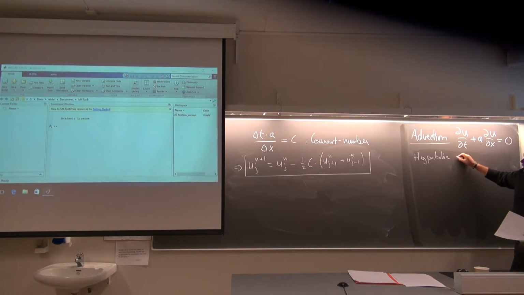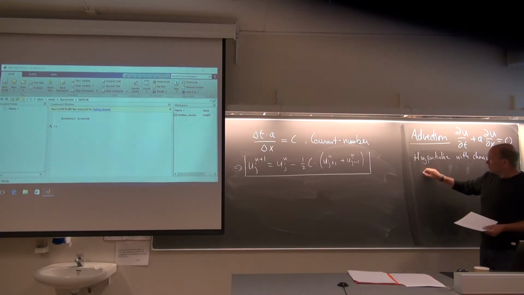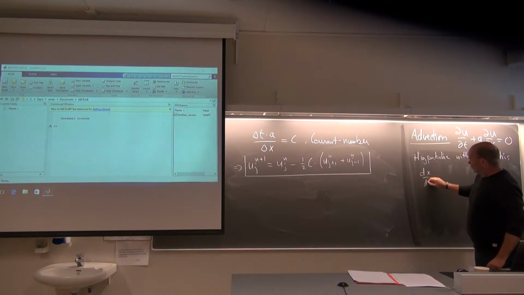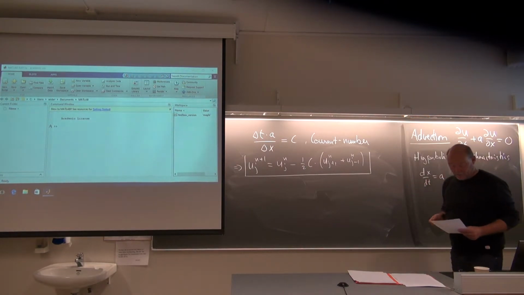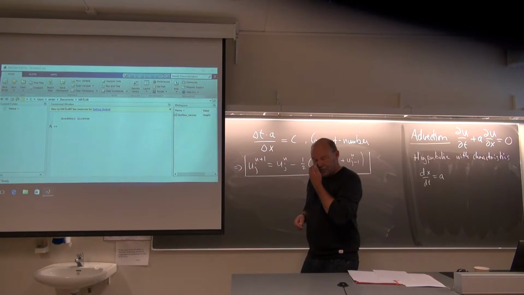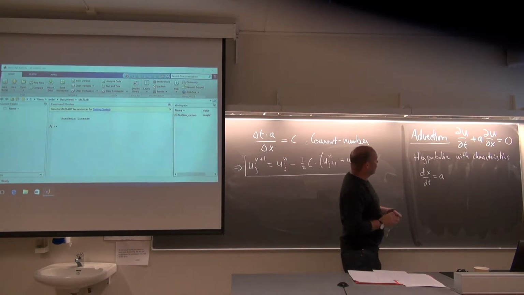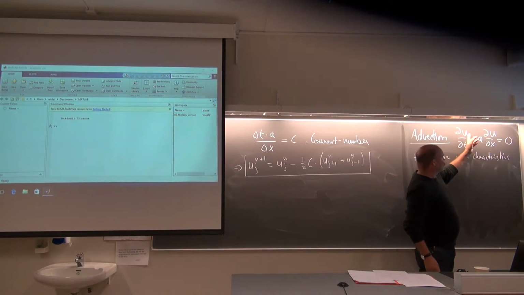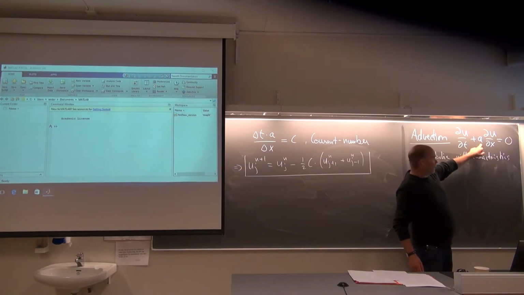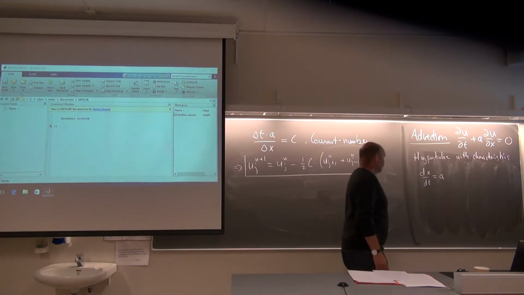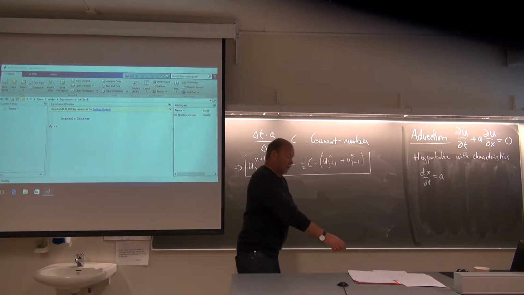But it only has one characteristic, dx/dt equals this velocity a. So physically what this equation does, it will take a signal u and then move this signal with the constant velocity a0 or a. So that's physically what it does.